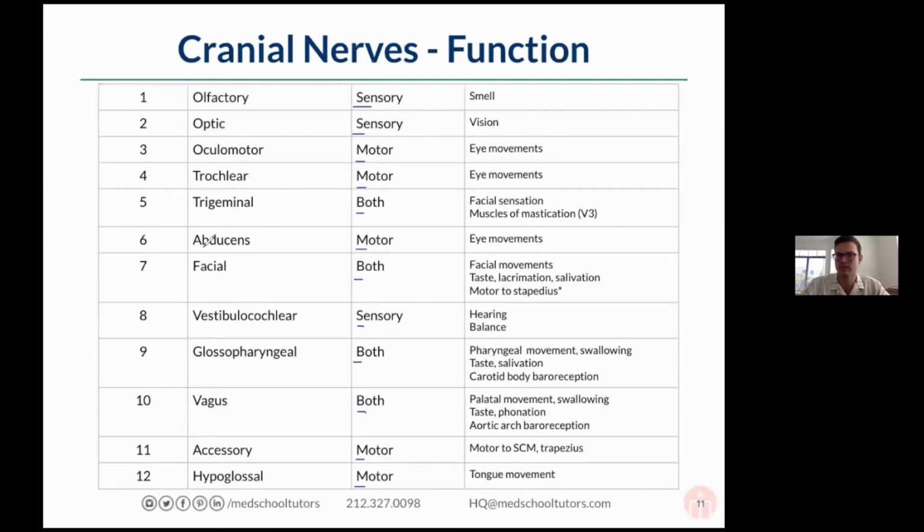Circling back to the list, 6: motor only, eye movements, right? So I would just encourage you to think of 3, 4, and 6. The clinical correlate here is if I have a cavernous sinus thrombosis. Cranial nerves 3, 4, and 6 all run through the cavernous sinus. So what will that person's eye do if they have a thrombosis of the cavernous sinus on that side?